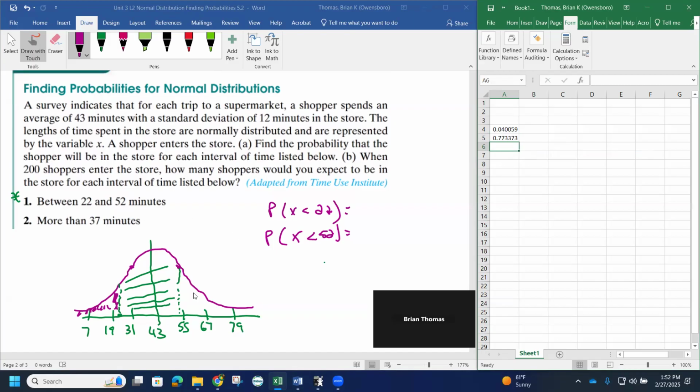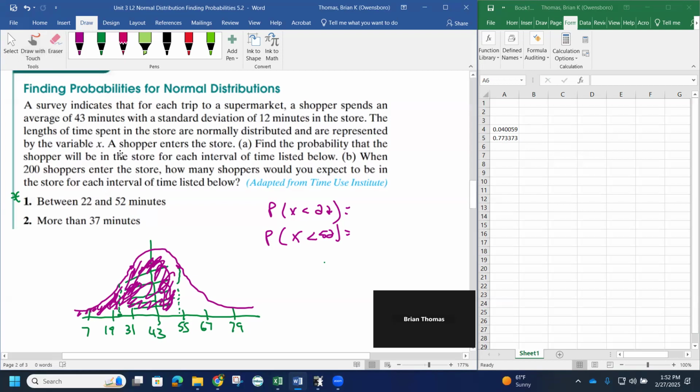But what I want is the probability to be between those. So these two values actually have to be subtracted. The probability of being less than 52 is from here all the way over to here. But we just want the probability to be between 22 and 52.